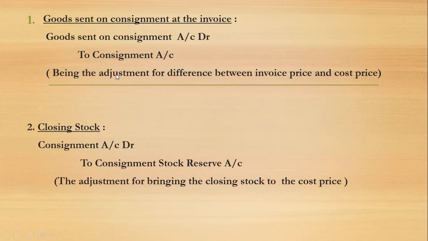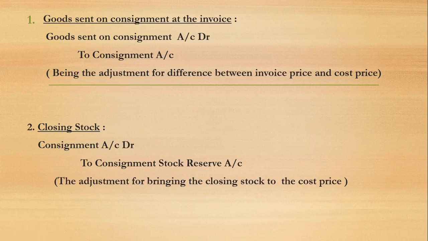We can write the details, that is being the adjustment for difference between invoice price and cost price. Same will happen while closing stock, but the reverse entry, like consignment account debit to consignment stock reserve account. That will be the adjustment for bringing the closing stock to the cost price.